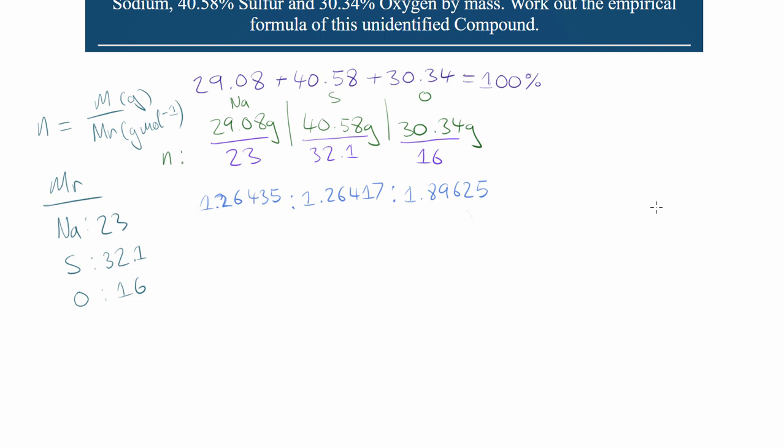So in this case, the smallest molar value in this ratio we've established is that of sulfur, right? So that's 1.26417. So what I'm going to do is divide all of them by 1.26417. So let's just do that.